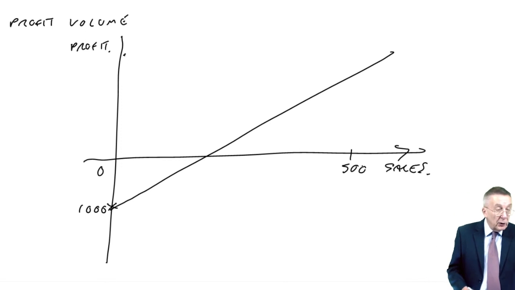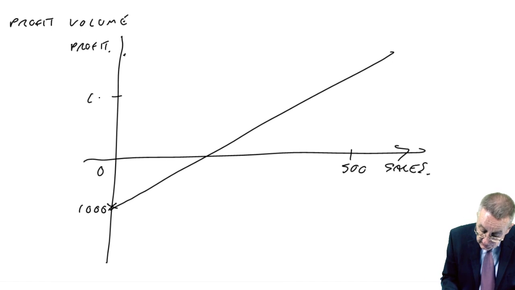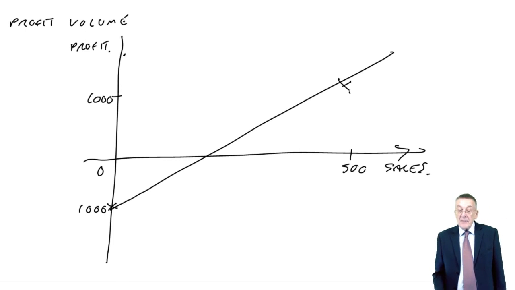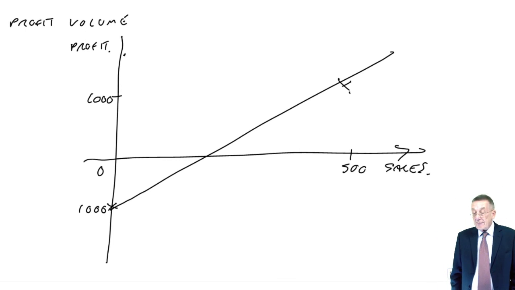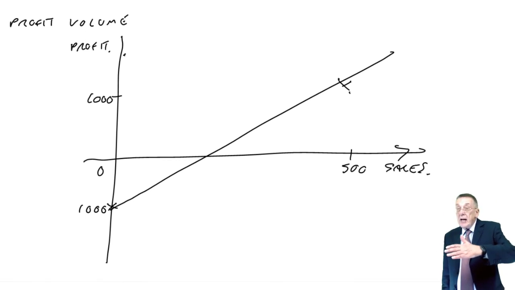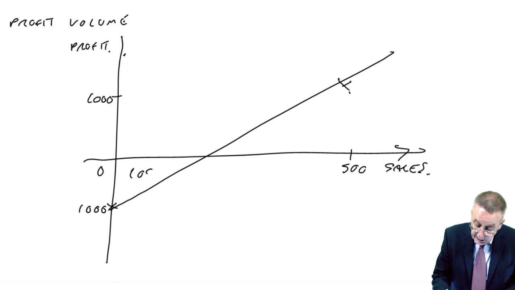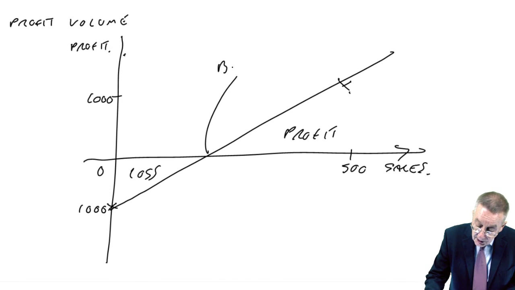The contribution at $4 it was 2,000, the fixed costs were 1,000. And so we made a positive profit of 1,000. And there we are. Which is a very simple chart, this one. Just how the profit changes with the sales. Here, clearly we're making a loss. Here we're making a profit. Here is break even.